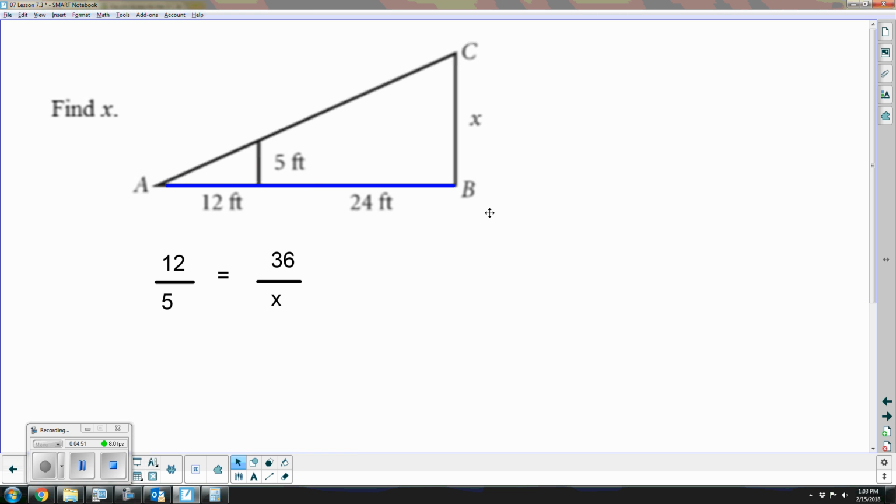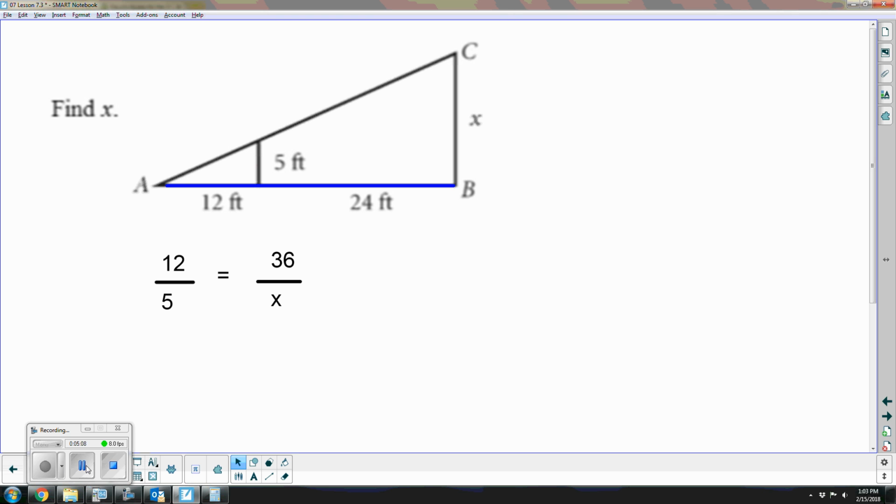So it's that whole side. It's not just the 24, it's the whole side. 12 plus 24 is 36 to x. Now, if you had the reciprocals of both of these, that's fine, but you would have to have the reciprocals of both ratios in order for it to be a proper proportion.